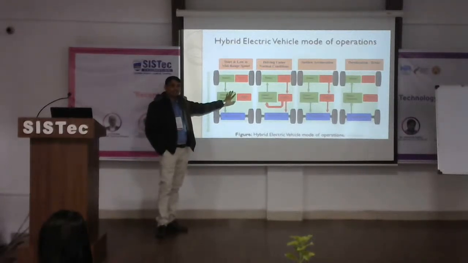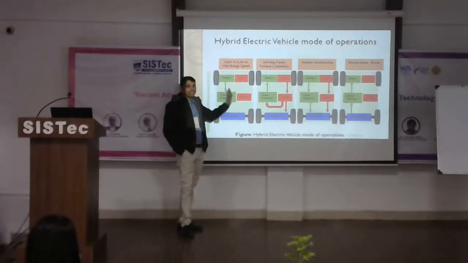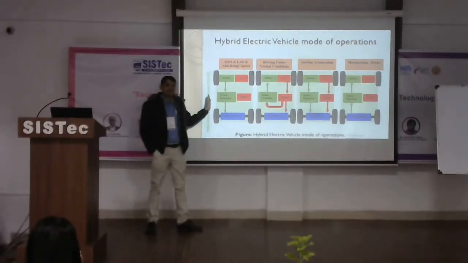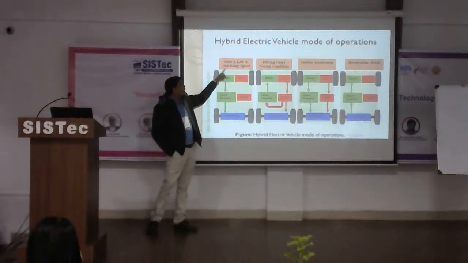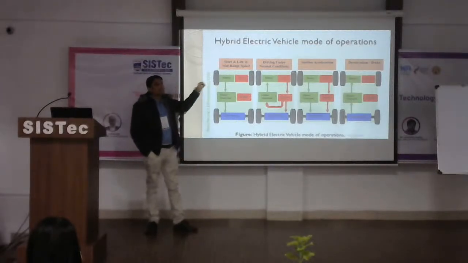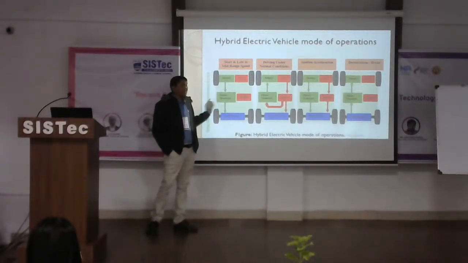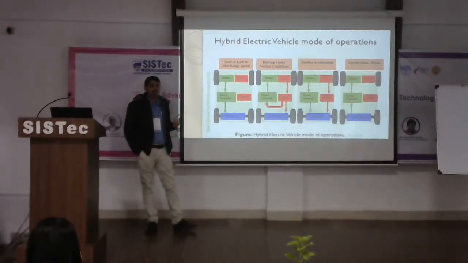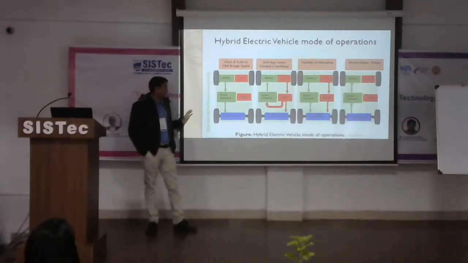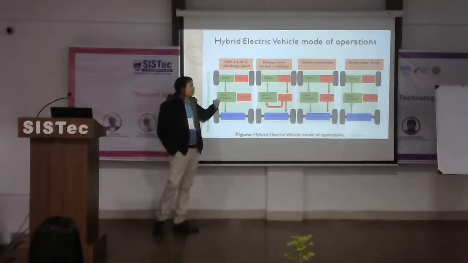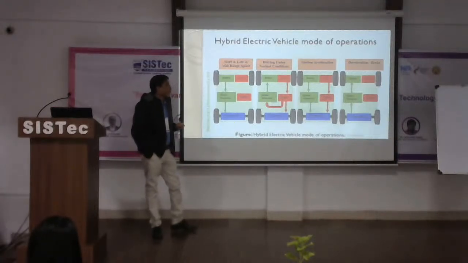Both systems are there, meaning this is a hybrid system. It has an IC engine and a battery operated system. But for start or low and mid-range speed, we do it by the battery operated system, like a battery operated electric vehicle. We are not using the IC engine in that case.